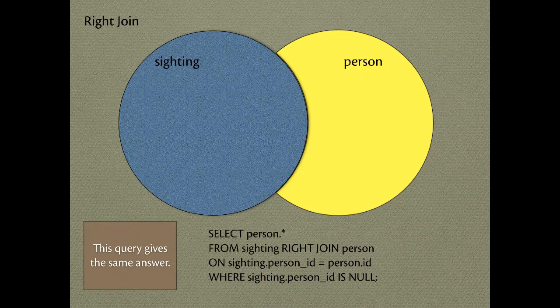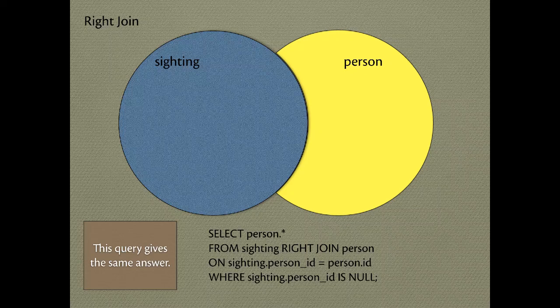It's remarkably the same. So what I'm doing is selecting person.star from sighting on the left, right join person on the right, on the same key that I used before, where the where clause is the same one that I did before, and I get exactly the same answer.